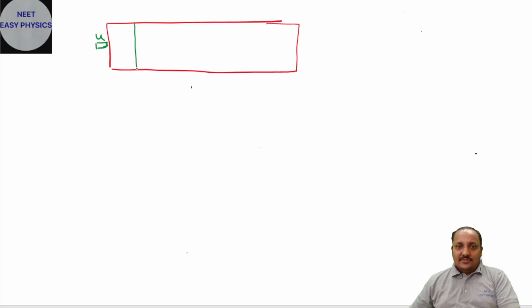After passing through one plank of thickness x, its velocity becomes u by n, means velocity is decreasing. After passing through how many planks will the final velocity of the bullet become 0?